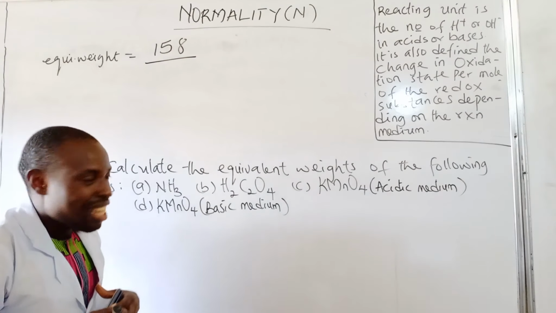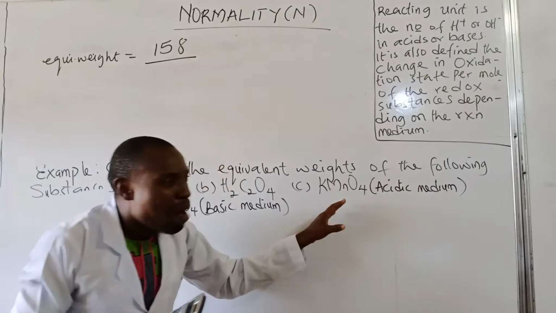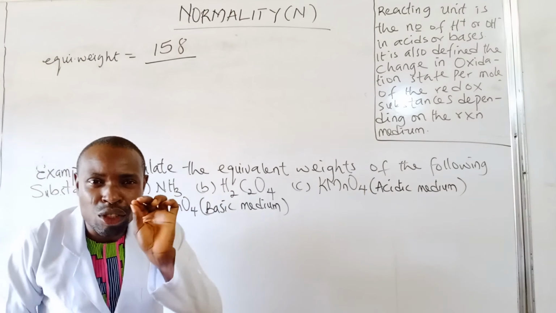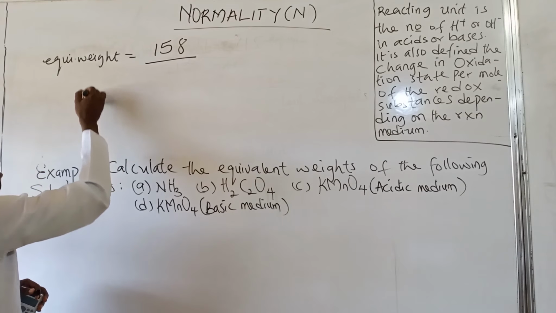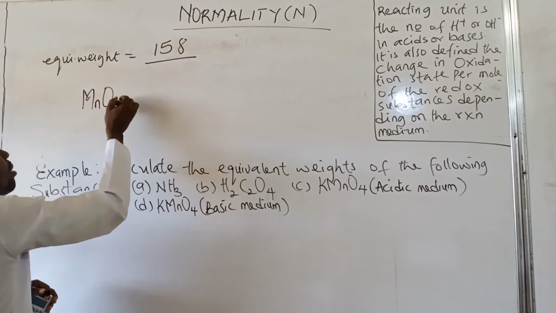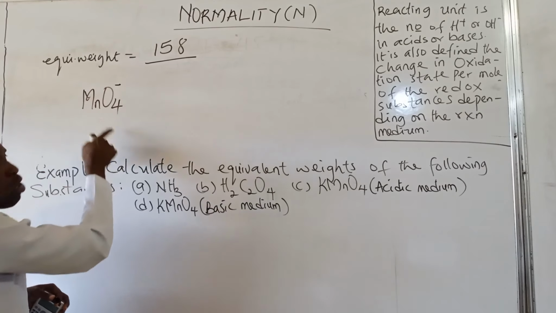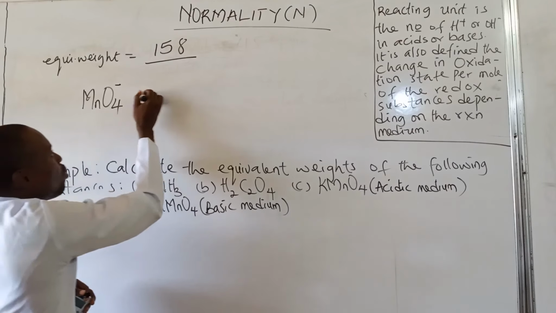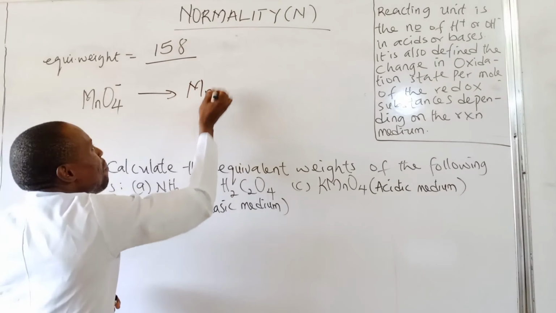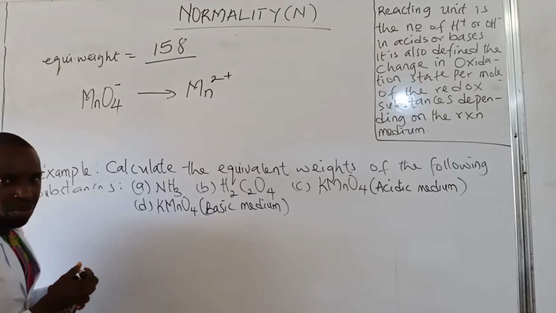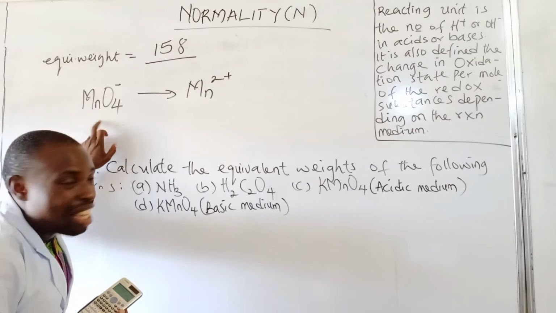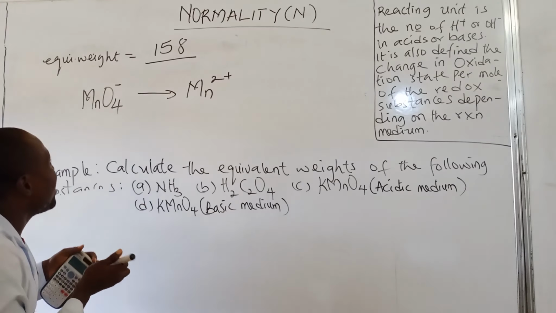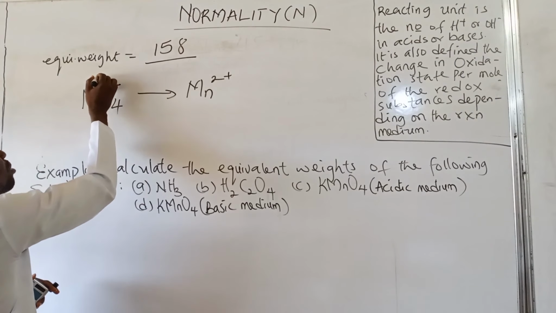Now listen. For potassium permanganate in acidic medium, it will be MnO4 minus to Mn2 plus, in the sense that potassium permanganate in redox, the oxidation state will change, which is from +7.